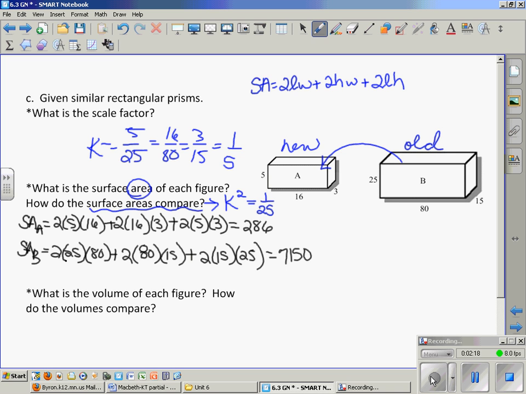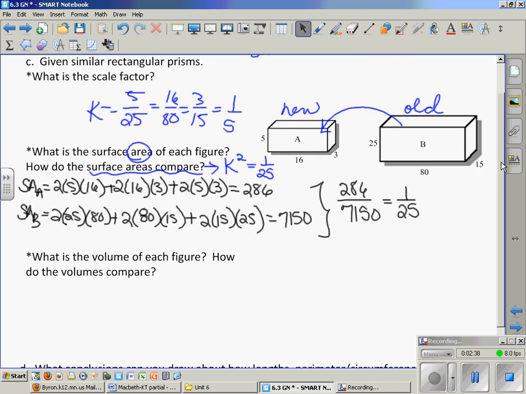All I did was go through and take 2 times each of the dimensions in succession. If I compare these as a ratio, I'd have 286 to 7,150, and when you reduce it, it does end up being 1/25 like we want it to.